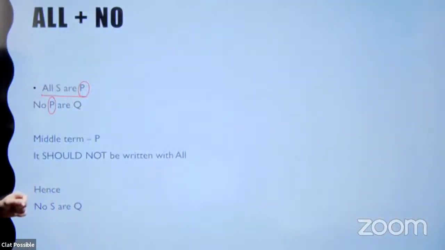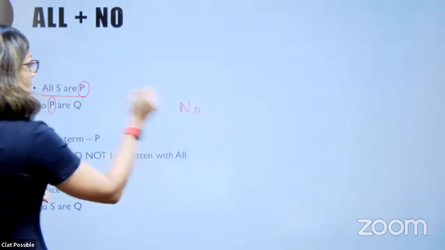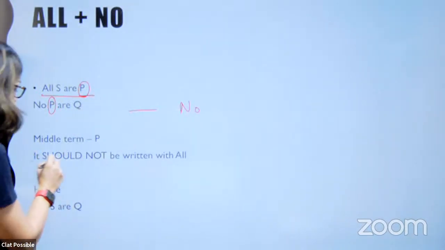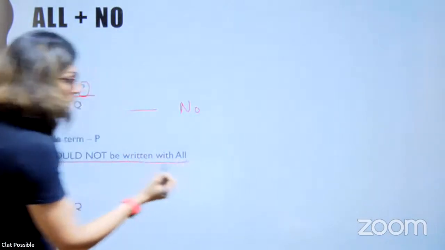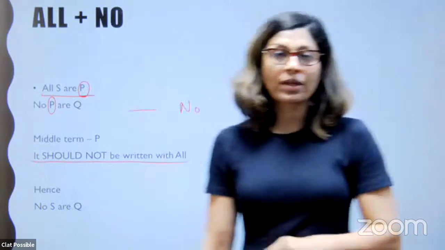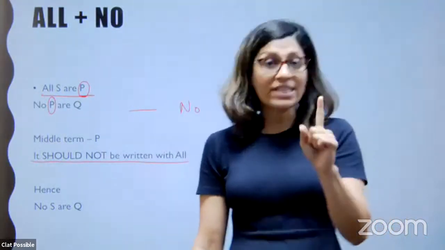Now, for all plus no to give no, the middle term should be the predicate of "all" and not the subject. So focus on the rule. Please remember that in all plus all and in all plus some, we've said that the middle term should be the subject of "all" in one statement.